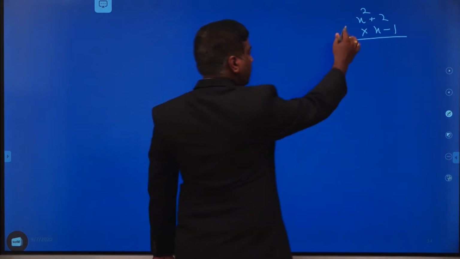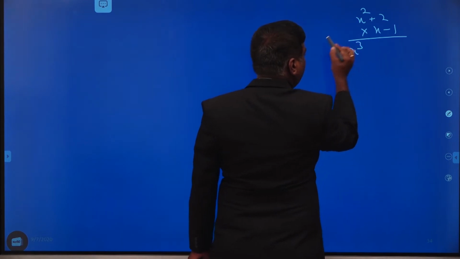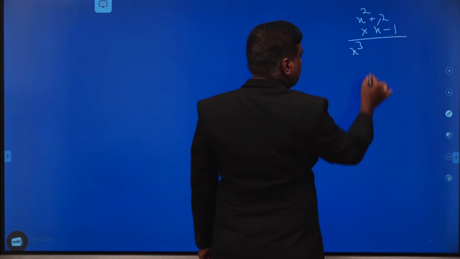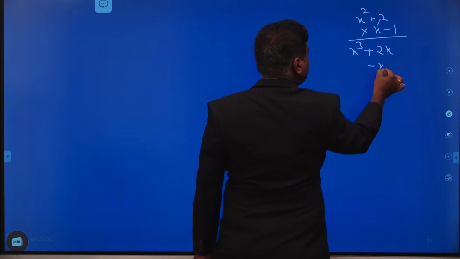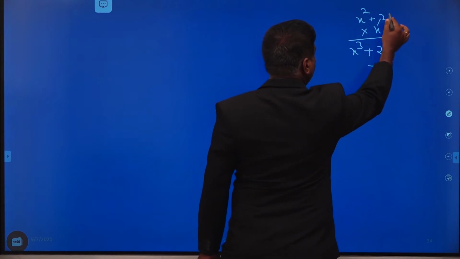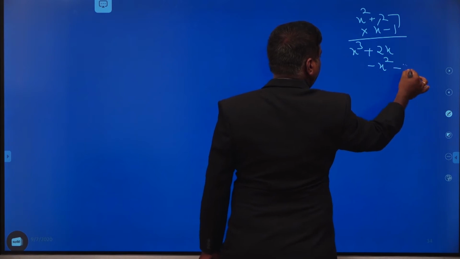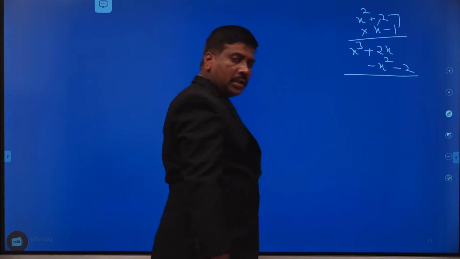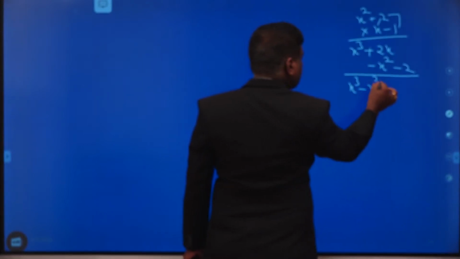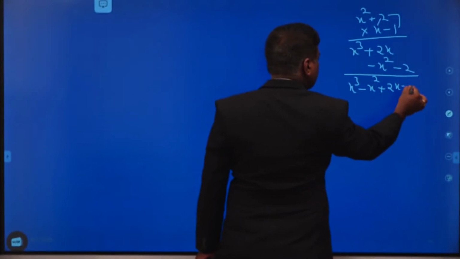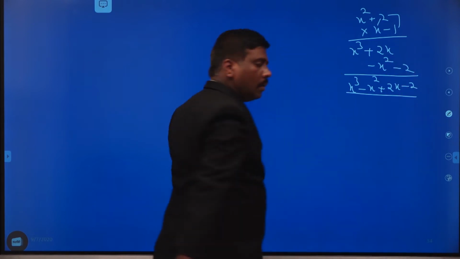Simply multiply x square into x, that is x cube. Next 2 into x is plus 2x. Next minus 1 into x square is minus x square. Next multiply the constants, then minus 2. After adding these terms we get x cube minus x square plus 2x minus 2. Will you catch the point?